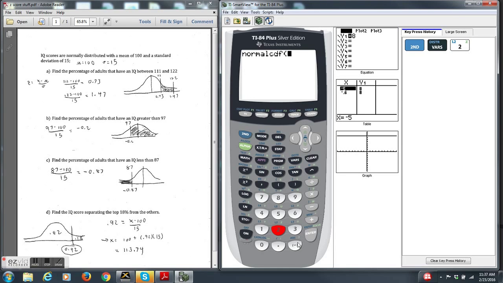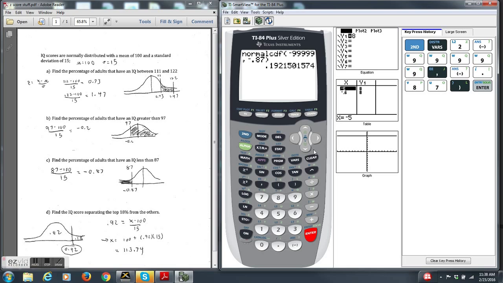From negative 9 a few times up until I get to negative 0.87. Oh, there we go, 19%. So it's always left to right. So you have to kind of trick it on greater than and less than.